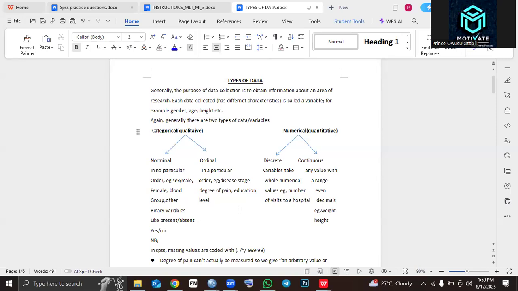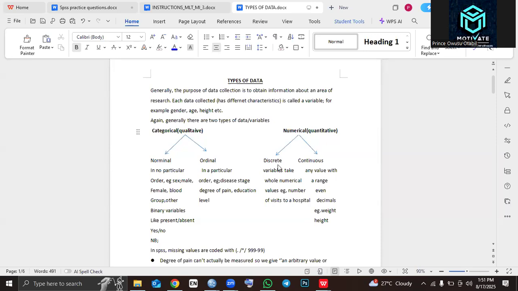These are ordinal types of data. And then we have degree of pain, where you can have maybe moderate, severe, and low. So these are the two types of categorical data. You have the nominal, which is in no order, for example, gender, and then the ordinal data, which is in a particular order, for example, degree of pain or education level.